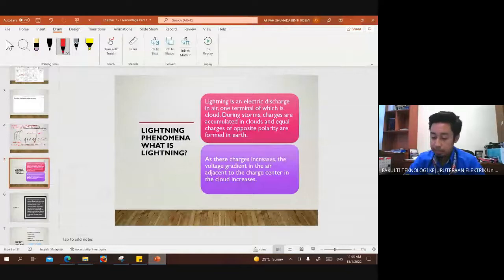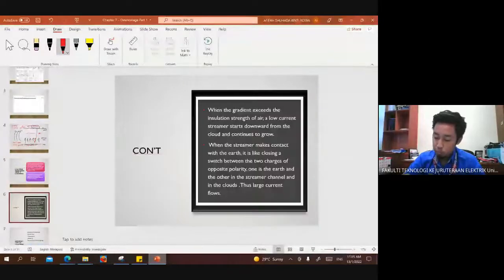Okay, lightning is an electrical discharge in the air on the terminal which is the cloud. During the storm, charges are accumulated in the cloud and equal charges of the opposite polarity are formed in the earth. As these charges increase, the voltage gradient in the air adjacent to the charge center in the cloud is increased. When the gradient exceeds the insulation strength of the air, low current streamers start downward from the cloud and continue to flow.